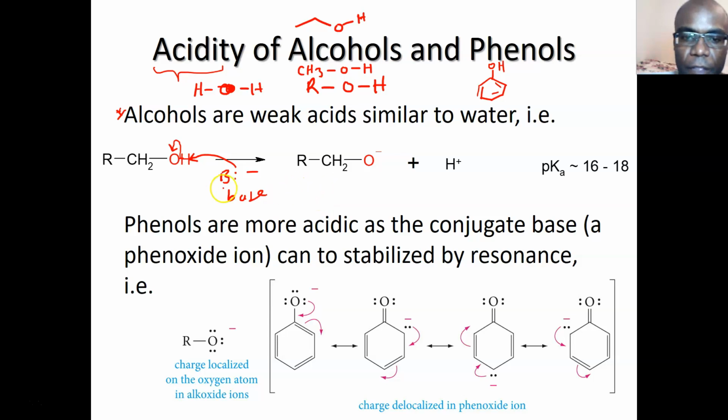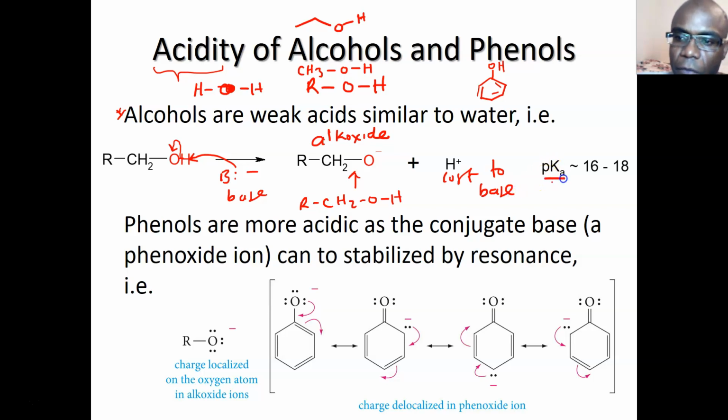Which means it is possible for OH to lose its hydrogen to give you the alkoxide, like methoxide, ethoxide, propoxide, butoxide, pentoxide, hexoxide, and all those. So the hydrogen is lost to base.